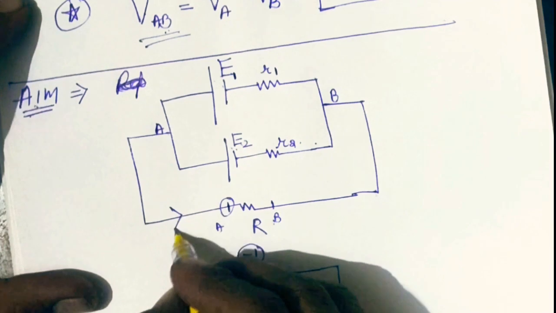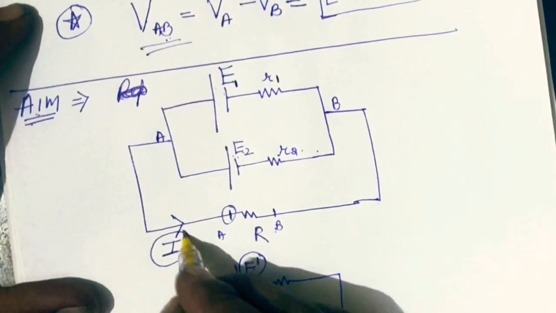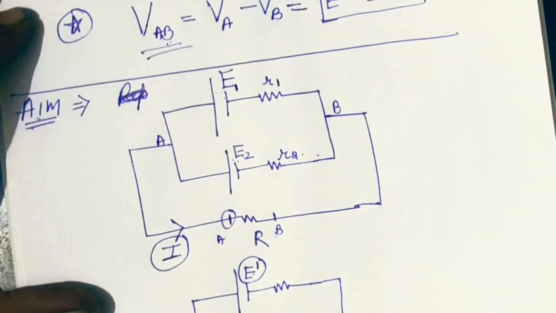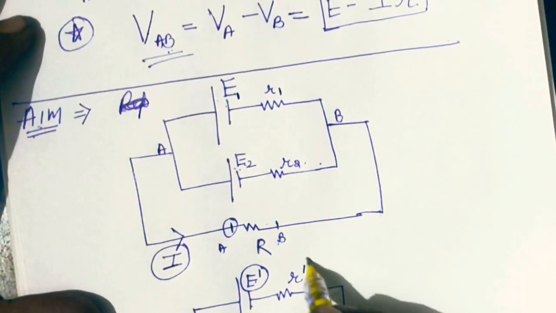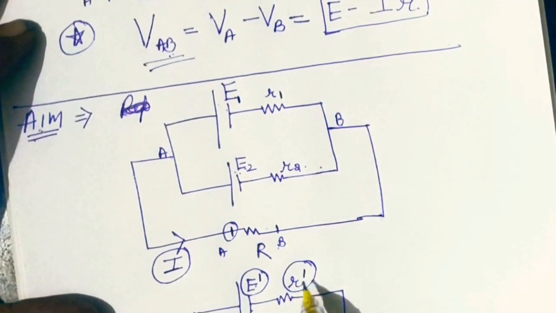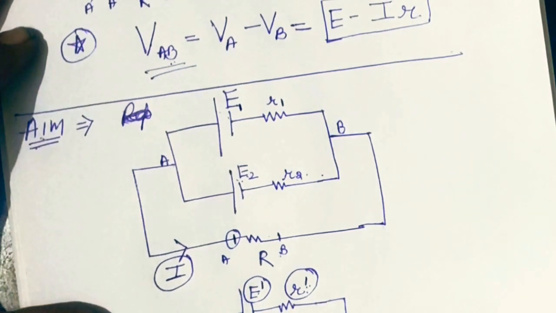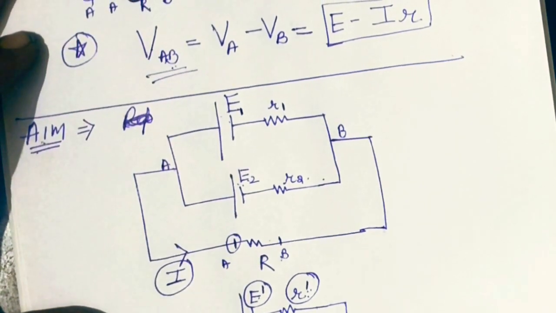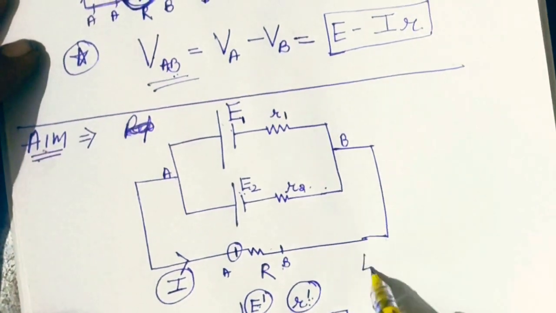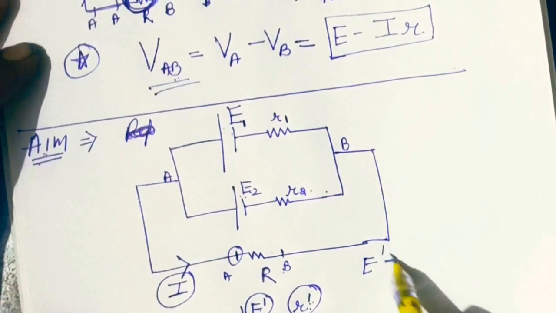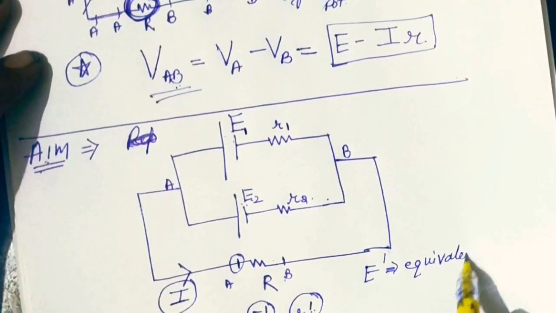Let's say these two cells in combination are flowing a current I through this external resistance R. So if this single cell, whose EMF is E dash and internal resistance is r dash, also flows the same current I through this external resistance, then I will call E dash the equivalent of these two cells. So our aim is to find this.